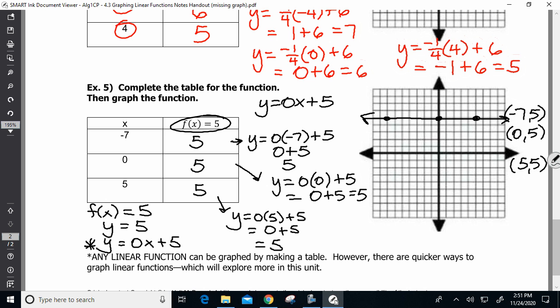So notice that you have a horizontal line, going straight from left to right. That's not a coincidence, that's something that always happens. If you have y equals a number, or f of x equals a number, that will always give you a horizontal line.